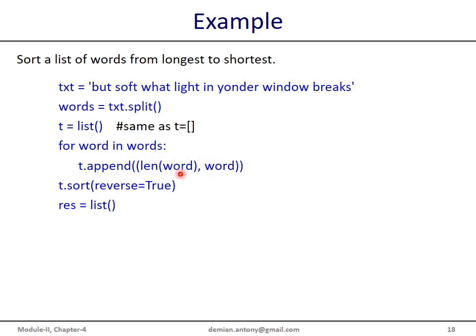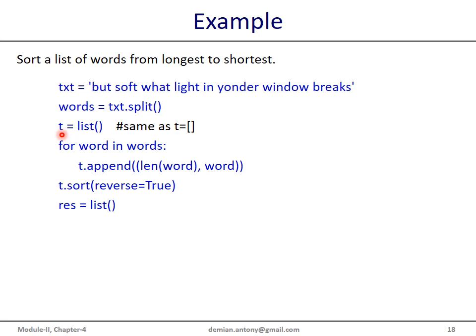Now we have tuples with the maximum word length found at the initial locations. After sorting this, we create an empty result list and we pick all the words from the t where words are found along with the length of the word, because it is a tuple. Each item in t is a tuple.